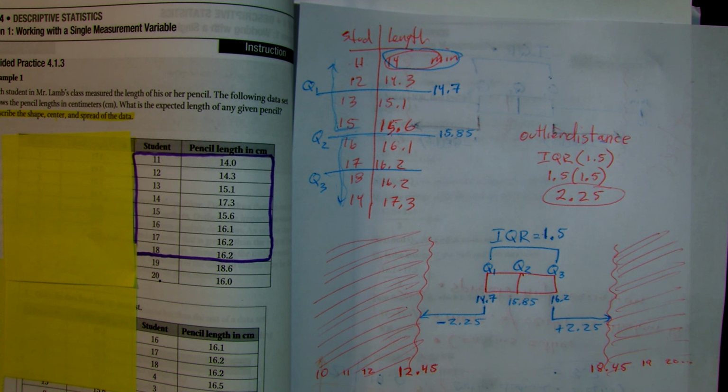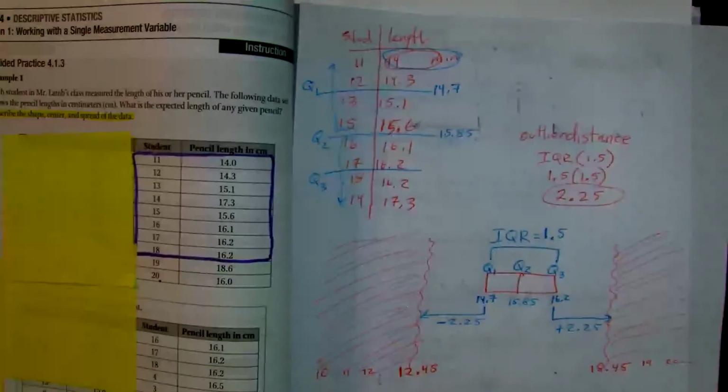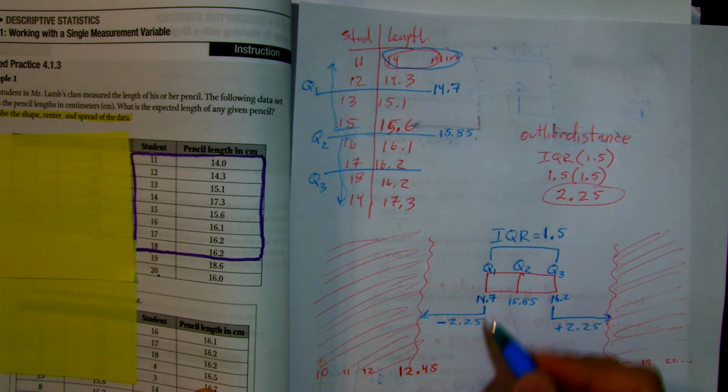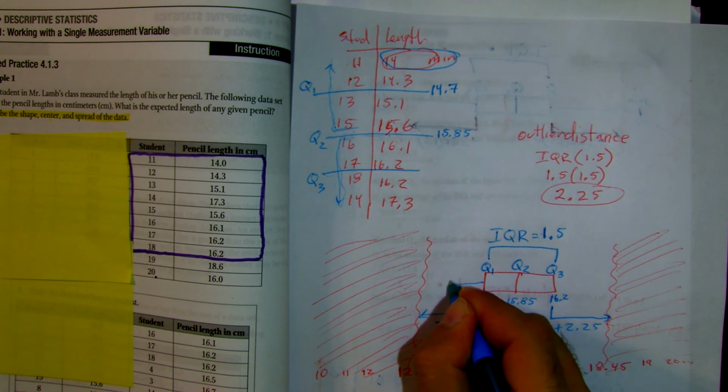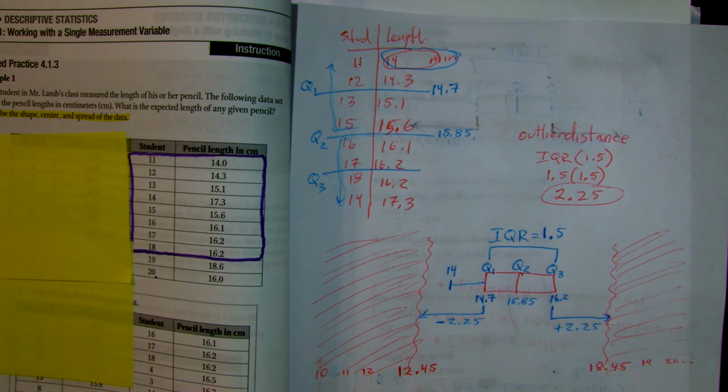Good, Nelson. Take a guess if you're not sure. Okay, Jacqueline. All right, let's look. 14 is right here. It is not an outlier. What the heck? Why isn't it an outlier?